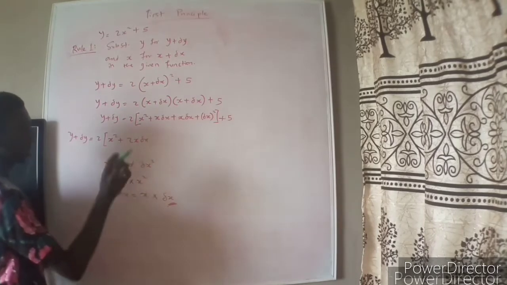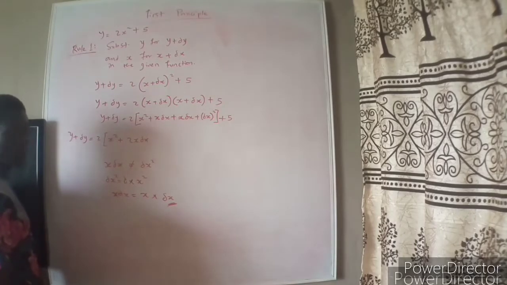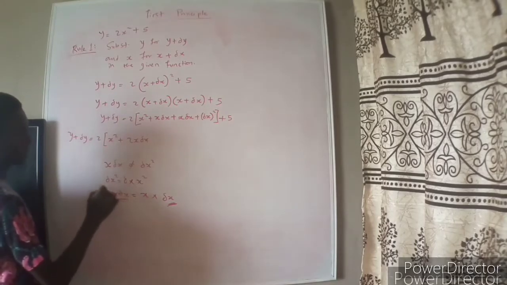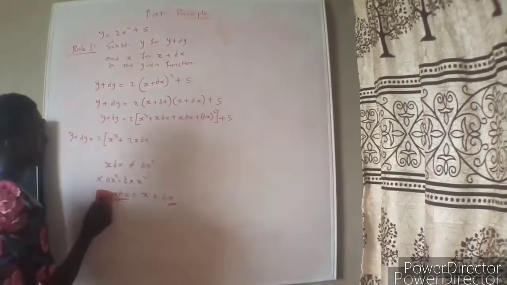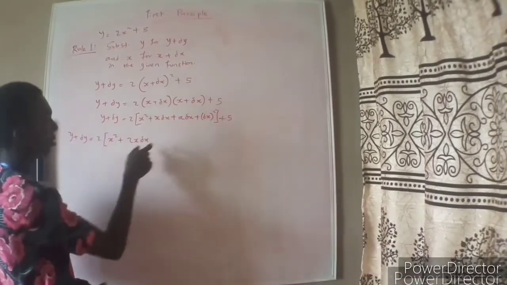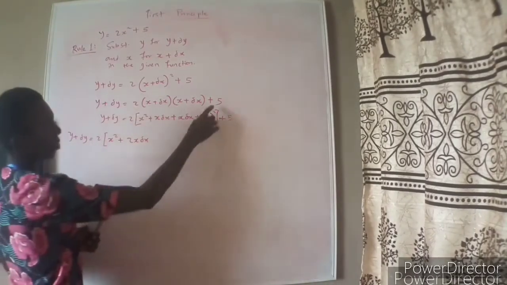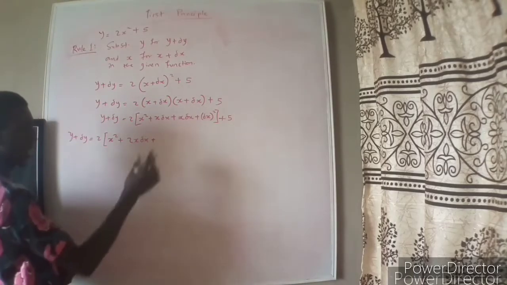And mind you, delta x is an entity on its own, so you can't separate them. So it has to be written in this form and not in this form. So that's that about that. Now x delta x plus x delta x gives us 2x delta x. So I still have my plus delta x all squared.